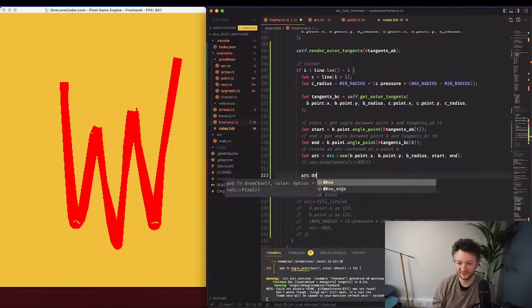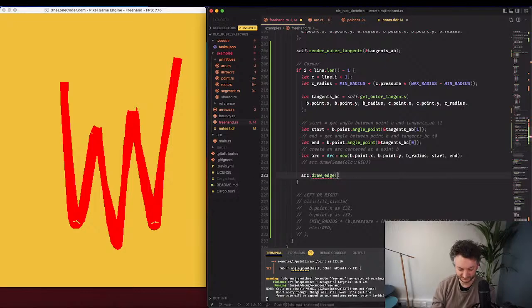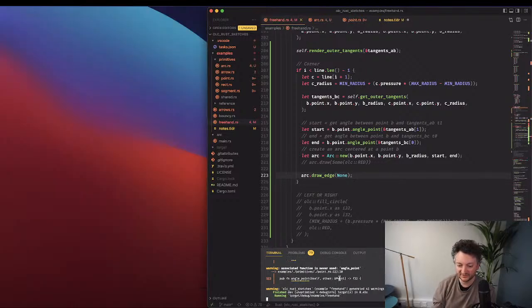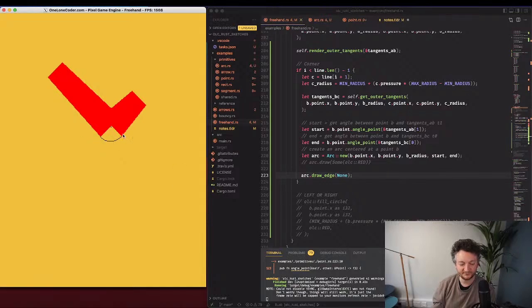Now we're going to arc that draw line or draw edge. Overlaps are okay, but what I mean is that we're not really looking to fill the line at this point.